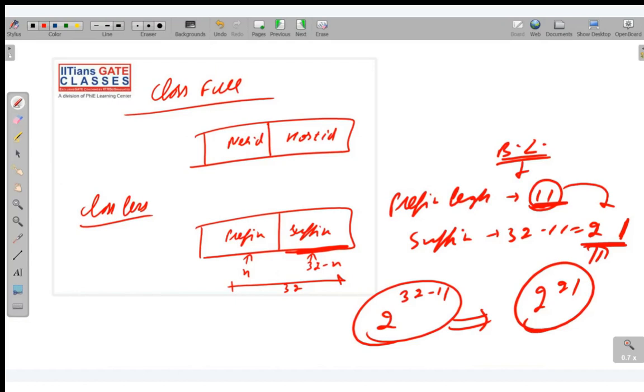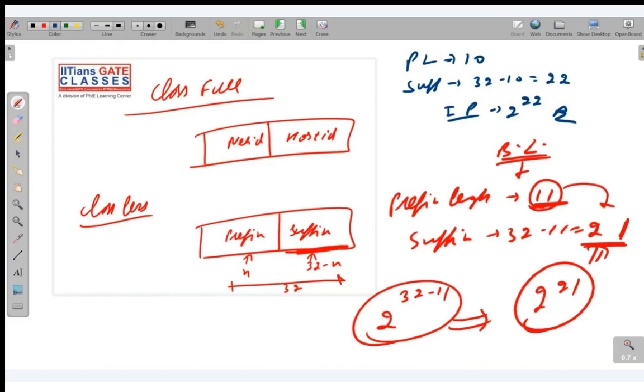And if you want another example, just for the sake of completion, say prefix length is given as 10. Then what will be the suffix length? 32 minus 10, that is 22. So how many IP addresses? 2 power 22 IP addresses.